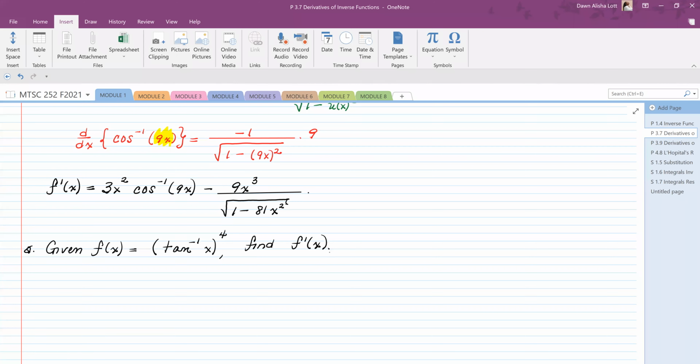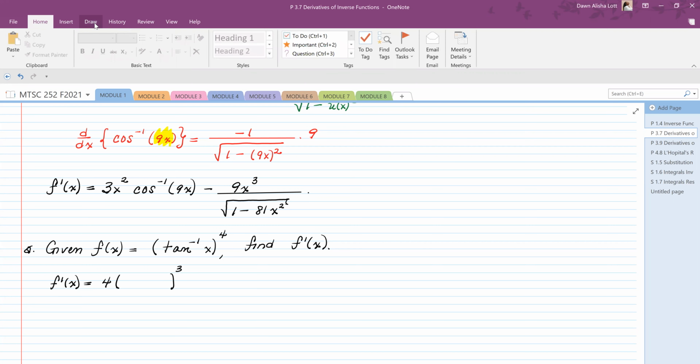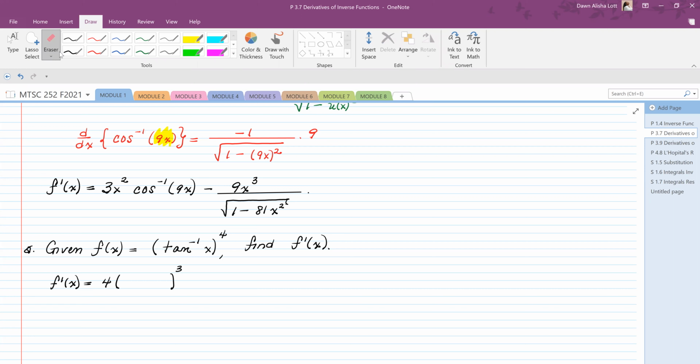Okay, good. So I get f prime of x. Says bring down the 4 and take that whole thing cubed. Okay, so that is the first step. Agreed. So 4 times what's inside cubed.